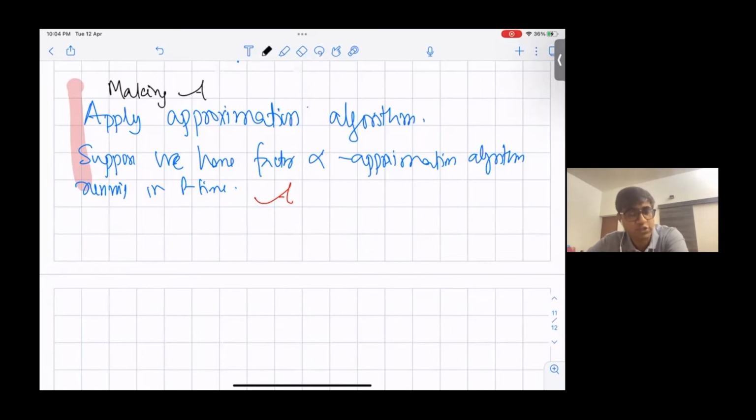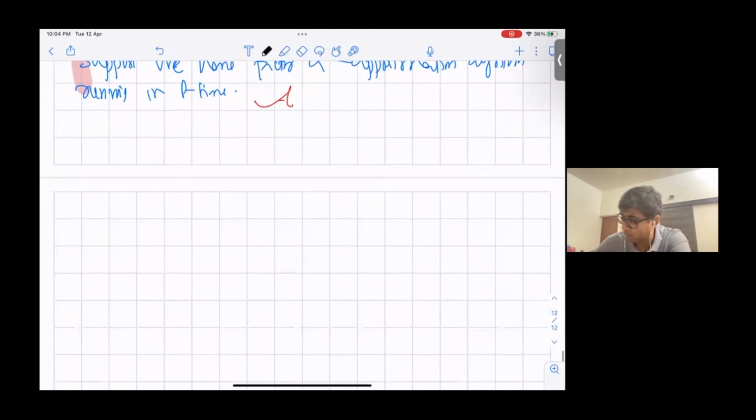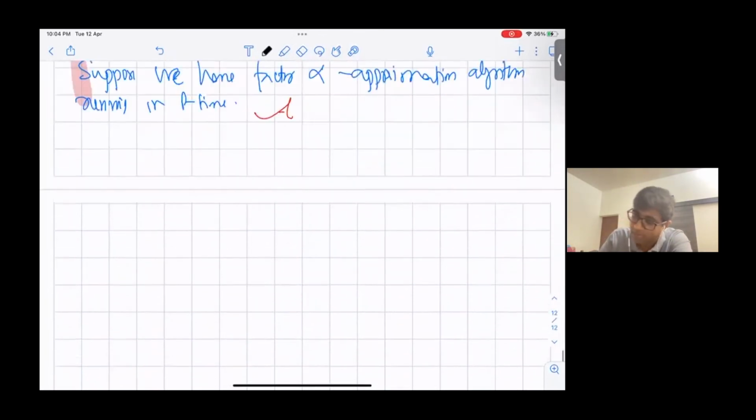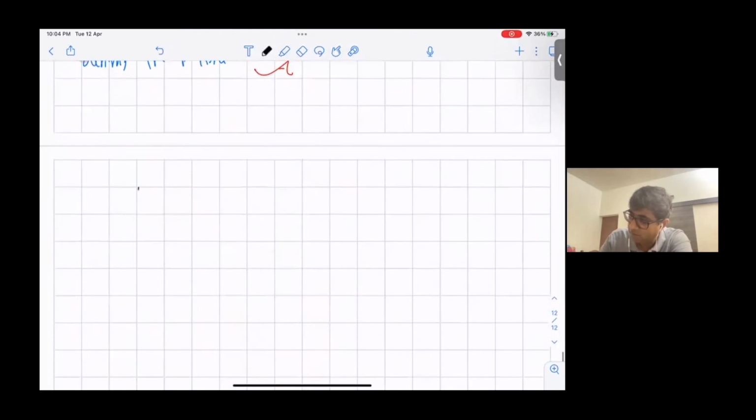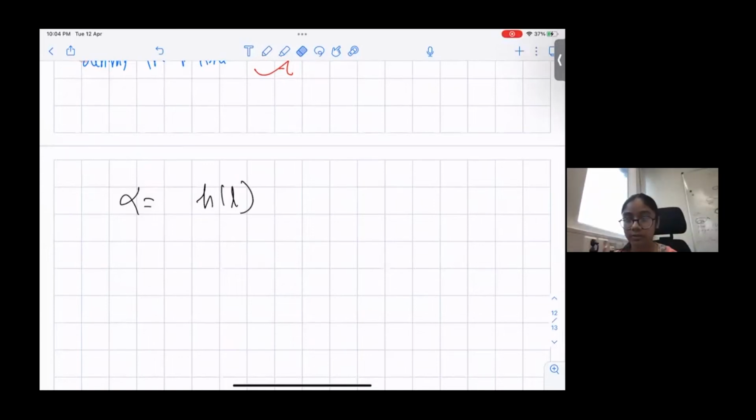Madhumita had a question: what value of alpha can it be? That's a good question. What happens if alpha is some function of L? Will anything happen? Then that's fine. 2 to the alpha L still remains 2 to the function of L. Correct.